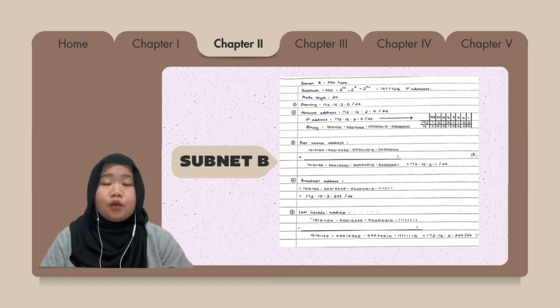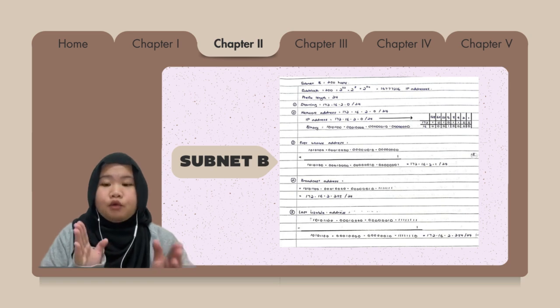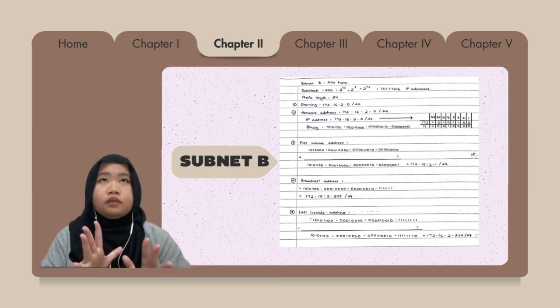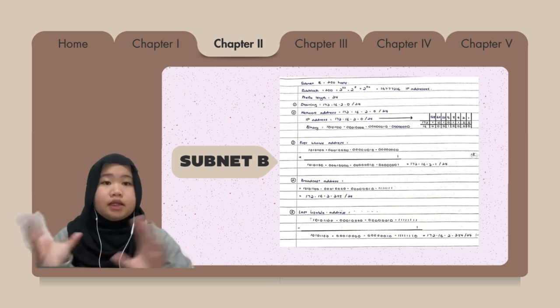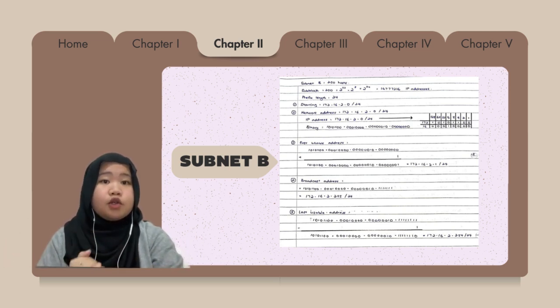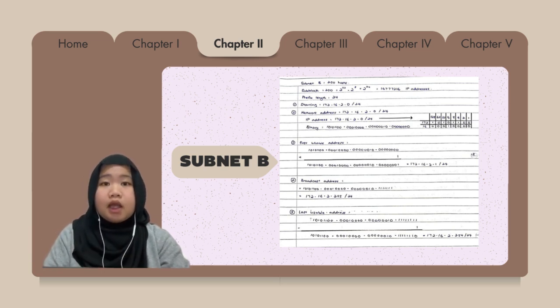With that, we're going to find the starting address. For the starting address, we're going to pick the broadcast address. For example, just now we counted for subnet A, so we're going to use the broadcast address of subnet A next.